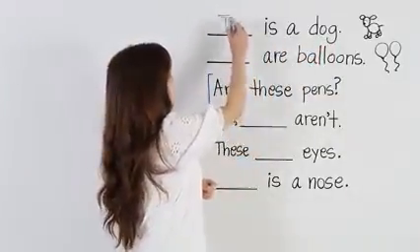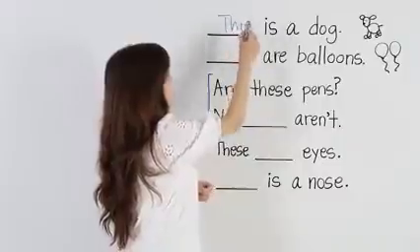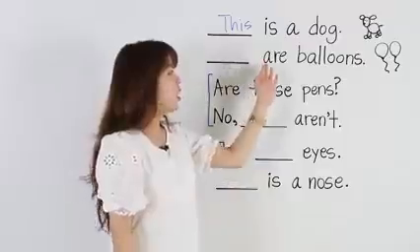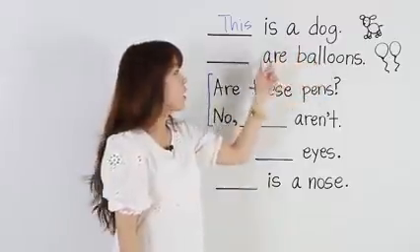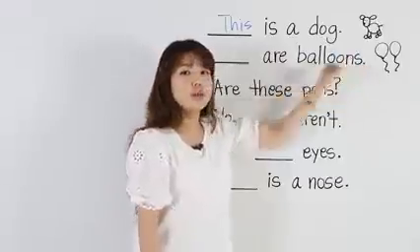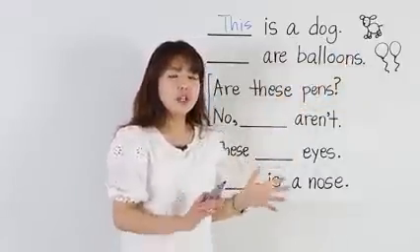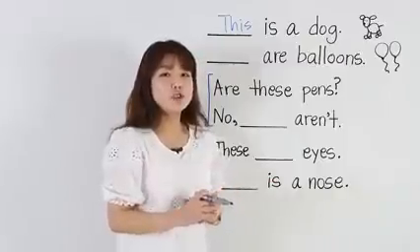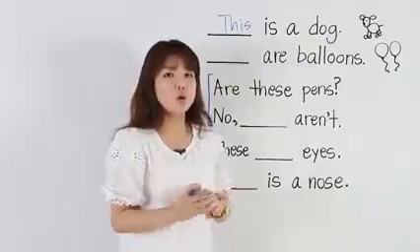So I'm going to write this. The next one says, are balloons. Are balloons with an S. There's more than one. So can we use this or that? No. We have to use these or those.